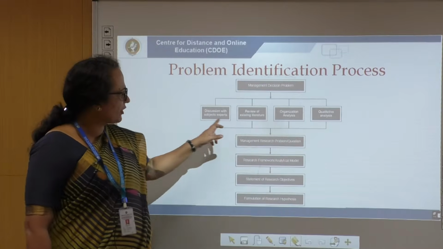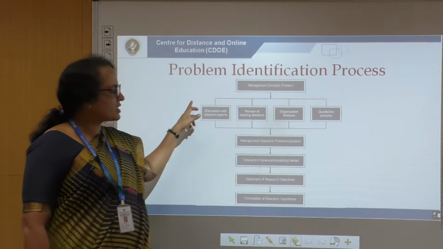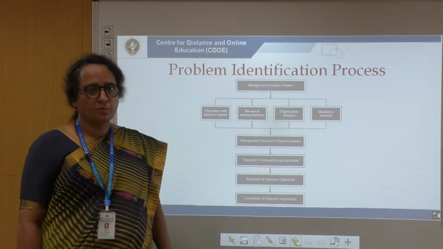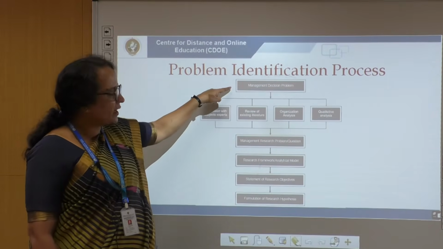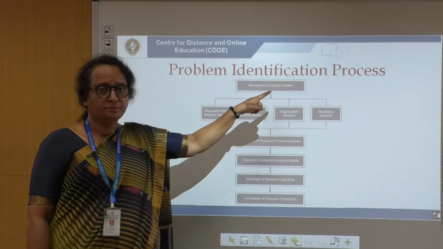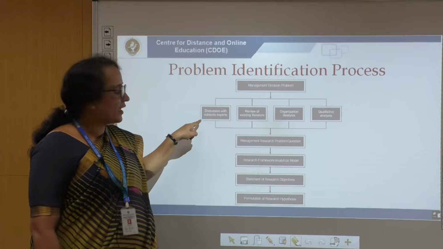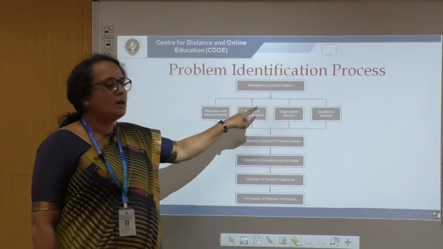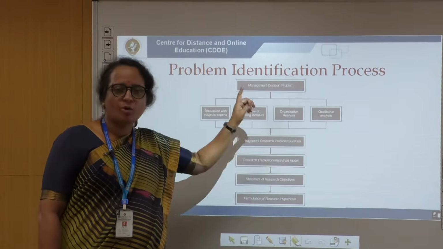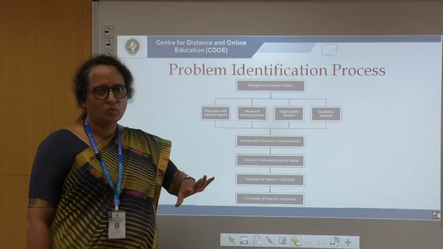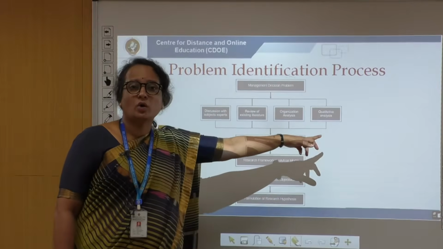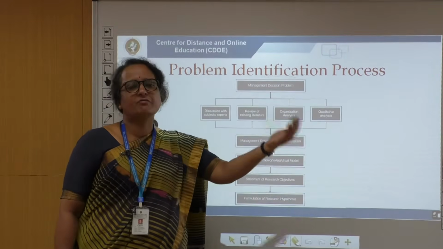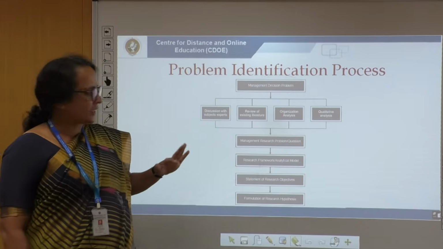So these are the different tasks carried out by the researcher to frame the research problem. First, they identify the management decision problem, then discuss with subject experts, review existing literature, carry out thorough organizational analysis, and go for qualitative research by collecting fresh information from the marketplace.